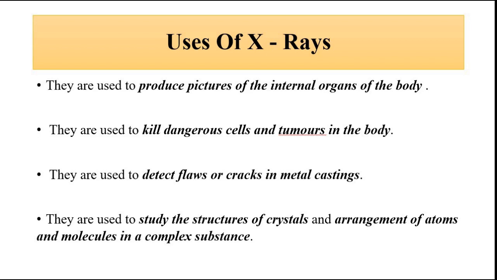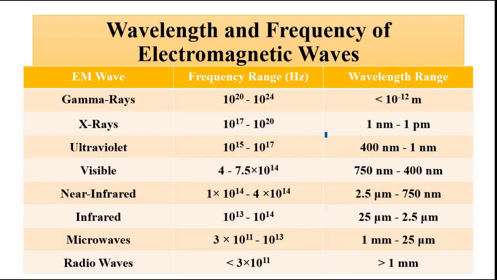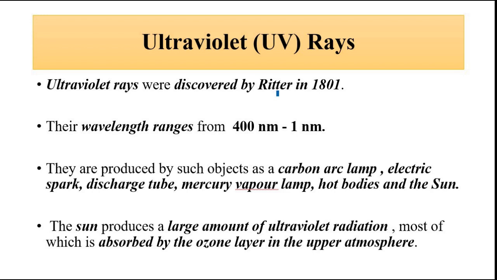Then after X-rays we have ultraviolet rays or UV rays with frequency range from 10 to the power 15 to 10 to the power 17 Hertz and wavelength range from 400 nanometer to 1 nanometer. Ultraviolet rays were discovered by Ritter in 1801, as we saw in the electromagnetic spectrum table.